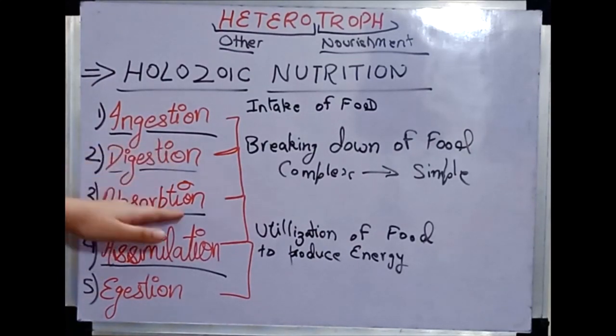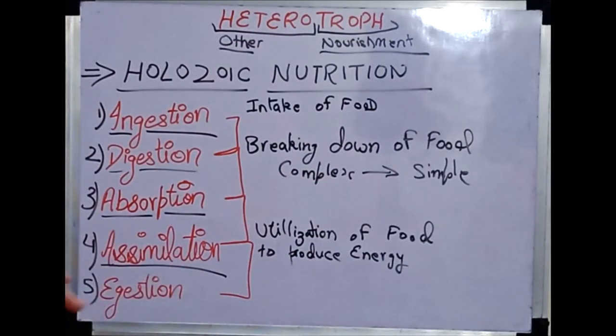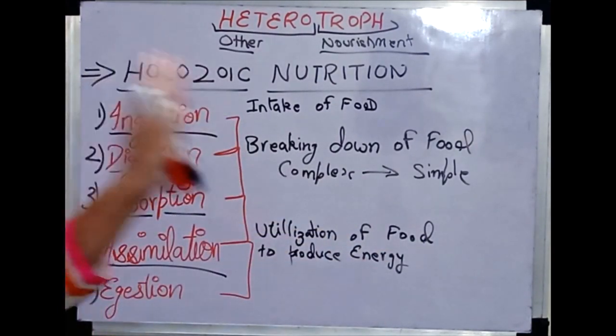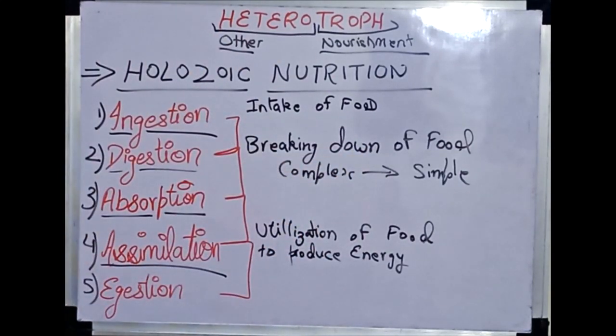Then the food gets absorbed with the help of your small intestine into your blood vessels. After that, now why do we eat food? Obviously to have energy. So when your food, which is broken down, which is in simple form, is now used to produce energy, or you can say ATP.